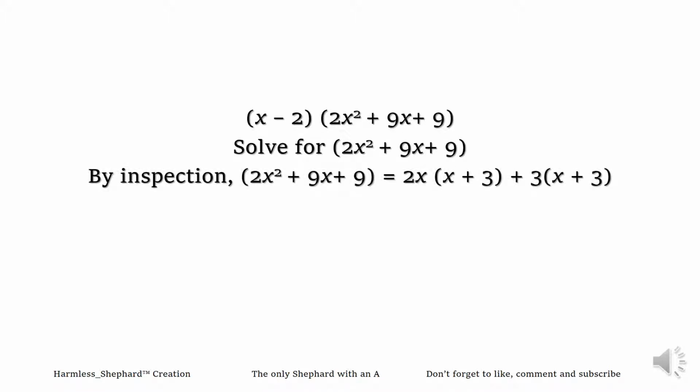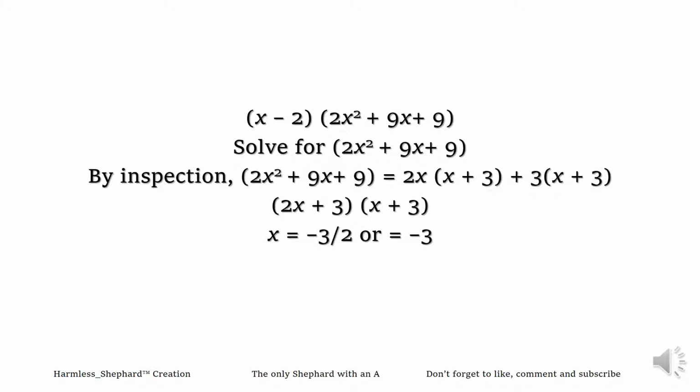So by inspection, we use the factorization method to solve that, to get this. Factorization is trial and error. So you take any two numbers that you can factor to get what you want. So we have these 2x plus 3 and x plus 3.